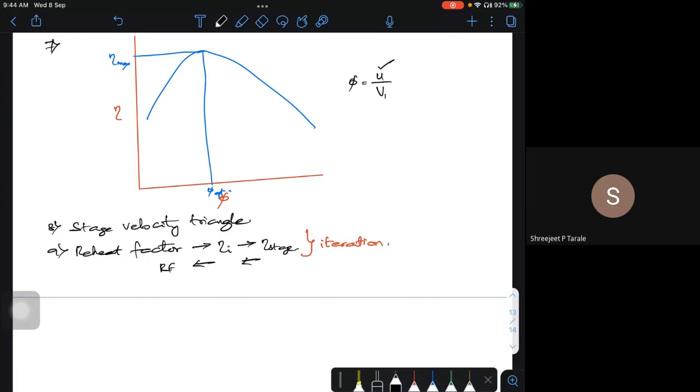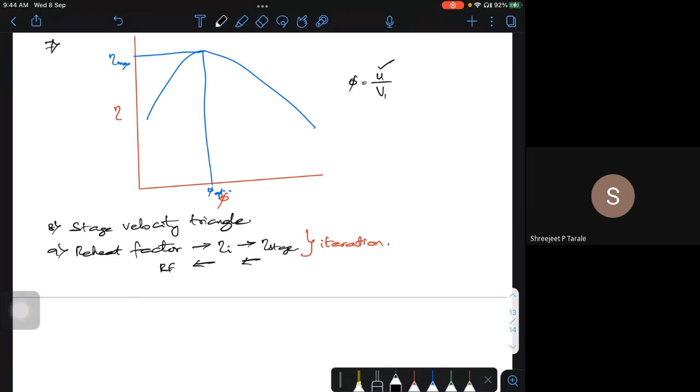That has to be optimized. Just now we looked into that. So they iterate here and recalculate again. Reheat factor is calculated, internal efficiency is calculated, stage efficiency is calculated, and the overall efficiency. So this becomes an iteration.